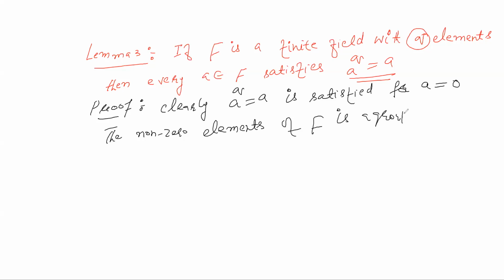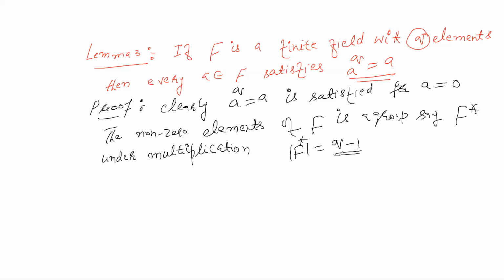Say F star, under multiplication, and what is the order of this group? The order of F star is q minus 1.